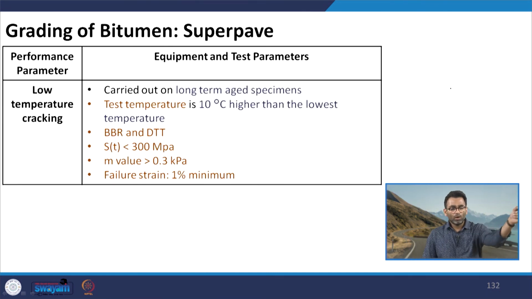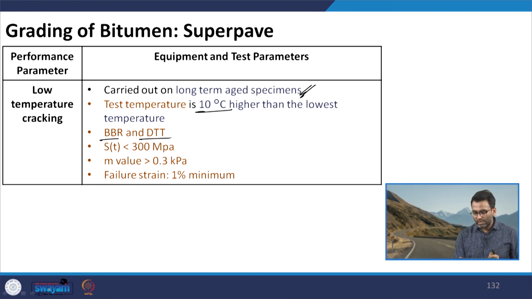Okay, so, if we now see the criteria given in the Superpave grading system. For low temperature cracking, it is carried out on long term aged specimen, as we discussed. Test temperature is 10 degrees Celsius higher than the lowest temperature. We are using a BBR and DTT to do the test.